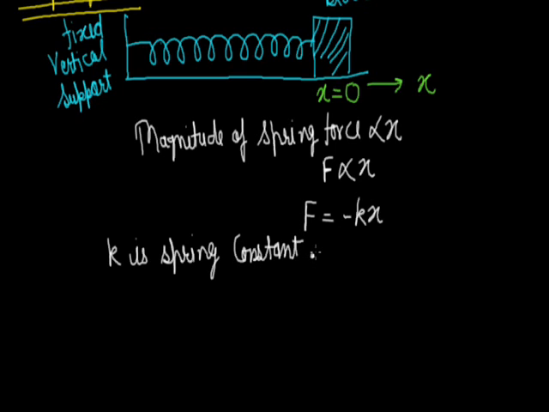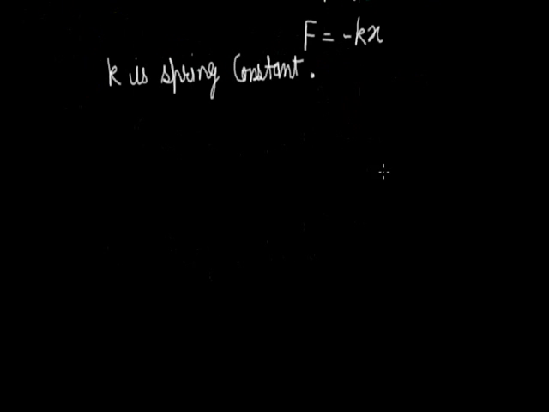This depends on the nature of the spring. Now, for calculating the work done by this spring force, let us draw a graph here. When we plot the graph between displacement and this force F, we get it like this, having a negative slope.